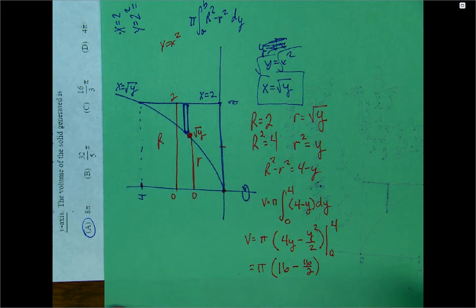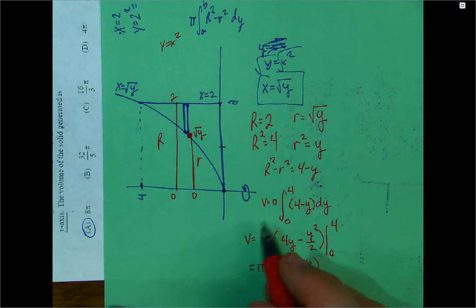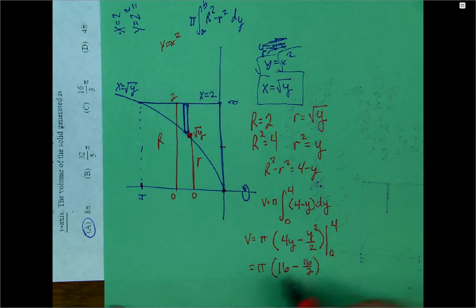And like I said, if you plugged in 0, we have to subtract off the 0 part, but there's nothing there because you have a 0 there and a 0 there. You get pi times 16 minus 8, which is 8 pi.